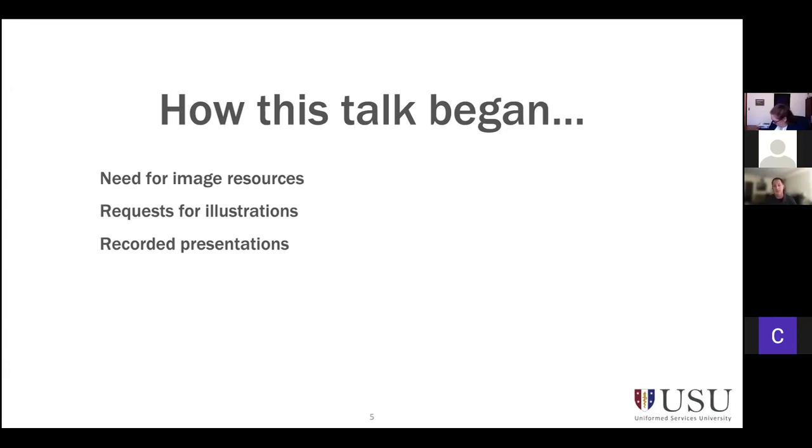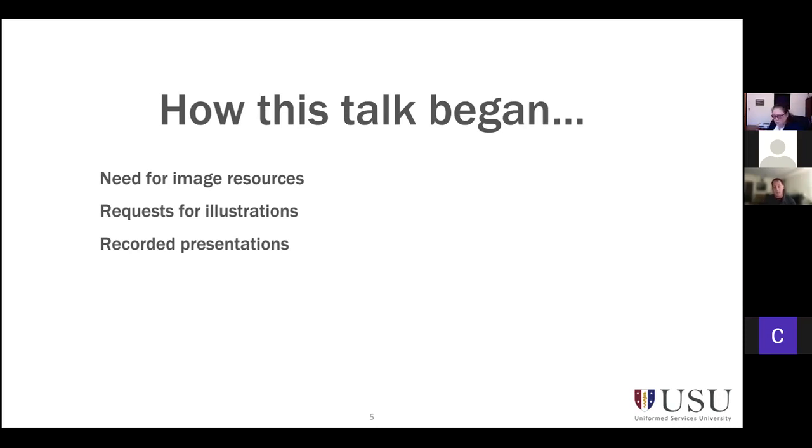Another instance where ETI comes across images is in recordings of presentations. When you record with ETI, we will review your slide deck just to make sure that everything flows nicely. But we also notice that some of the images are below quality level or not up to our expectations of what a good image would be, and that image rights are used incorrectly. We want all images to have attributes and to be above board as far as copyright goes.